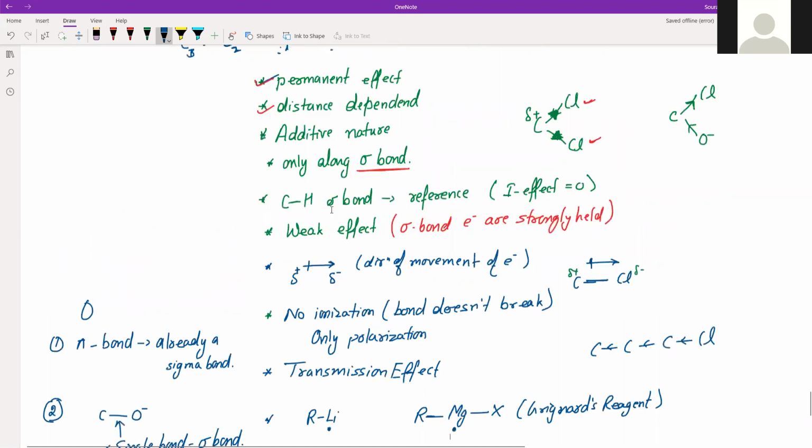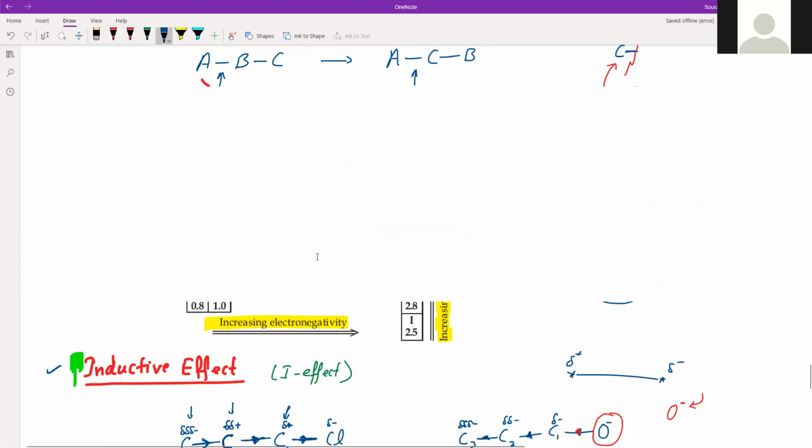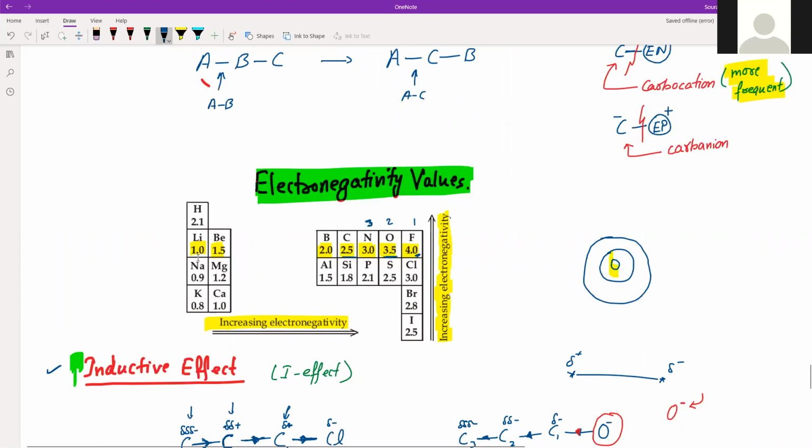That's what we have seen in this table as well. Mostly metals are electropositive and carbon is electronegative as compared to metals. So we take carbon and hydrogen as reference.